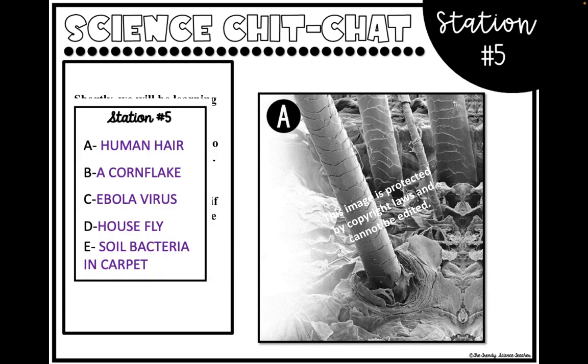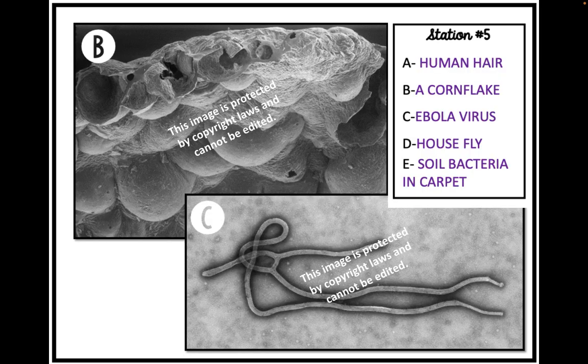Station 5, again looking at these micrographs, letter A was a human hair, and you can see it coming out of the follicle there. B was a cornflake, your cereal. C was the Ebola virus, a very deadly virus that is one of the most deadly that we have.